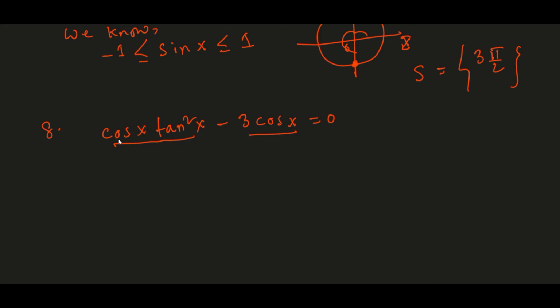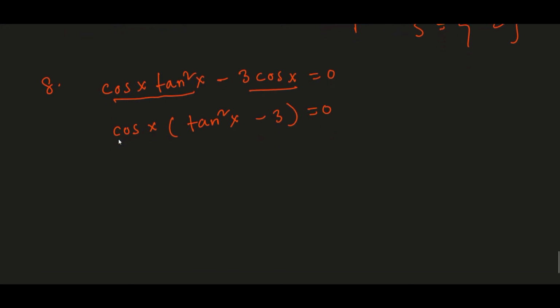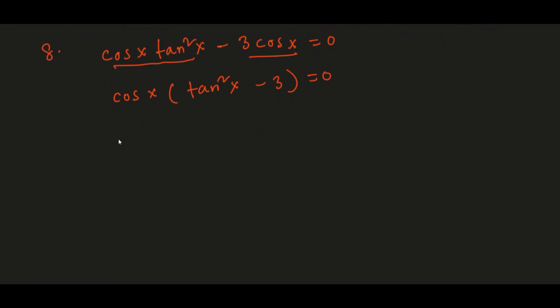So we can factor out cosine x, and then we're left with tan squared x minus 3 equals 0. By the zero factor property, we can write either cosine x equals 0 or tan squared x minus 3 equals 0.